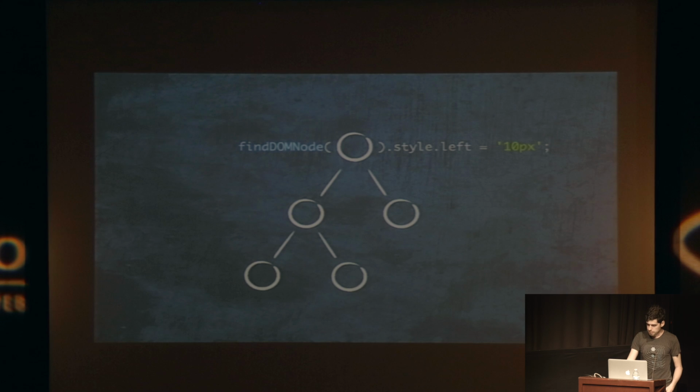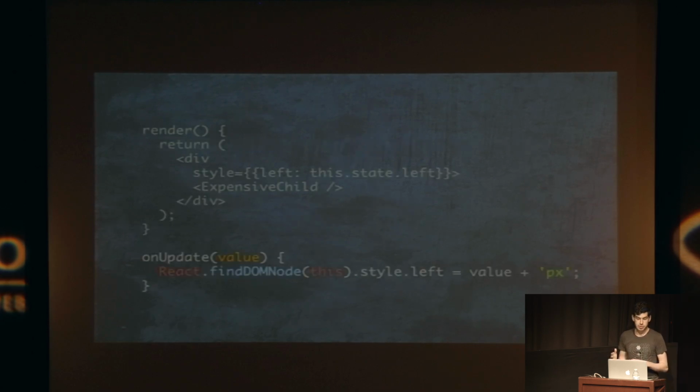And the way you implement this is actually pretty trivial. On your onUpdate, instead of doing setState, you're going to do React.findDOMNode(this).style.left equal to value plus 'px' because of CSS. And so this is going to be the most performant thing you can do.